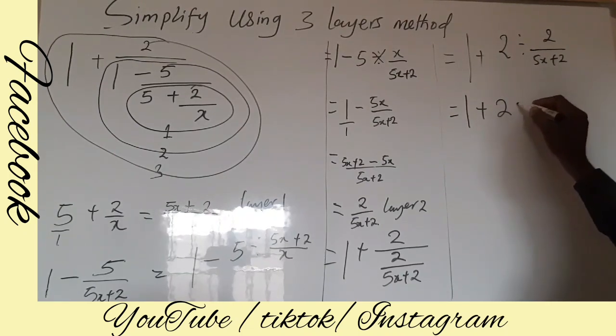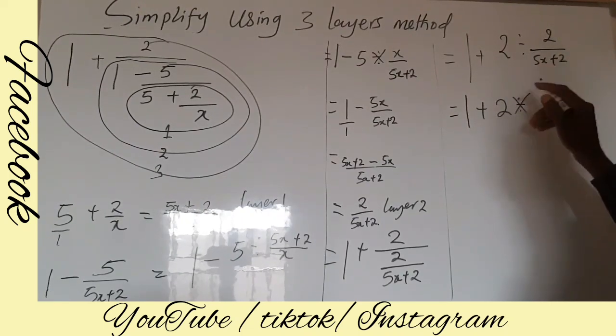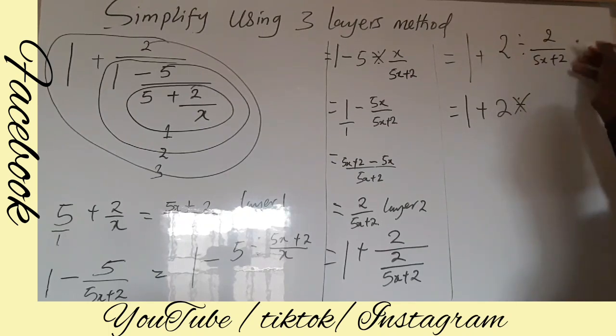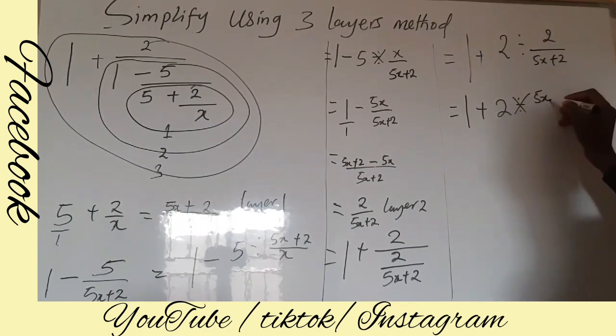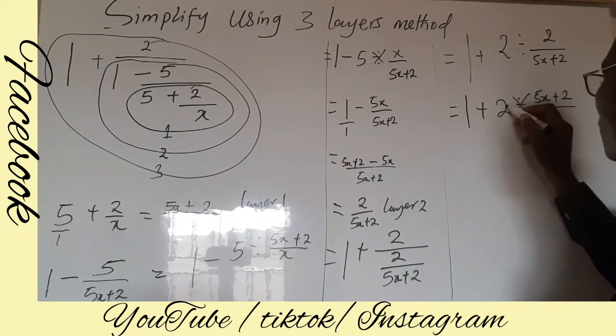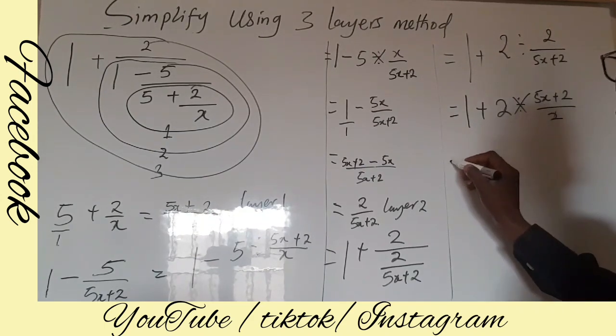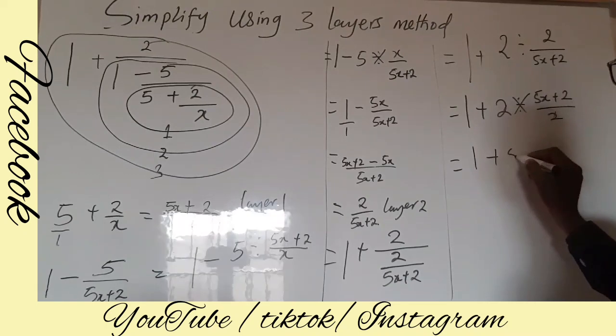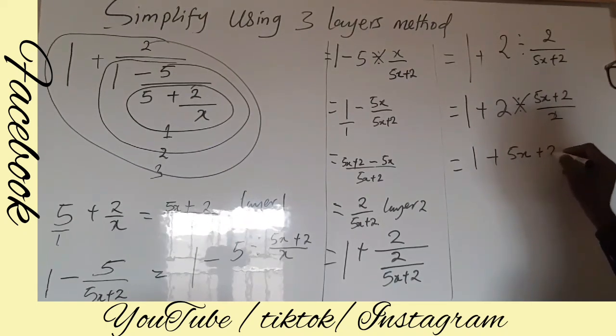When you put multiplication on top of division, this number will change. So we have (5x plus 2) over 2. Ideally, what will happen here is that these 2 will cancel out these 2. So you'll be left with 1 plus 5x plus 2.